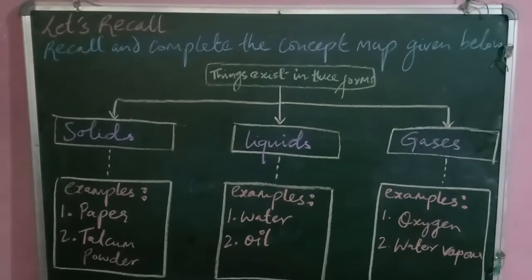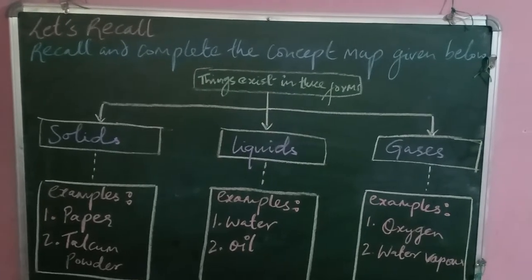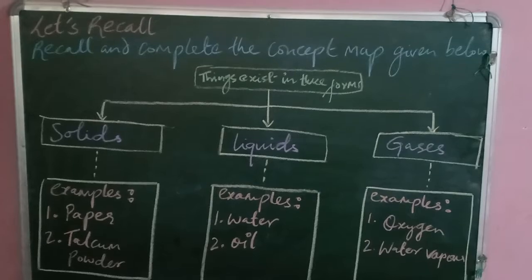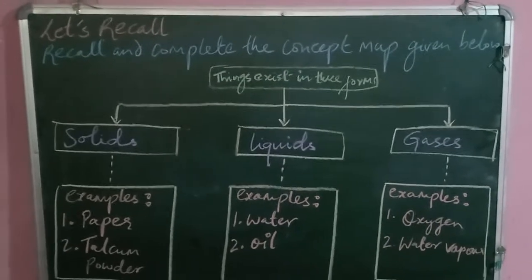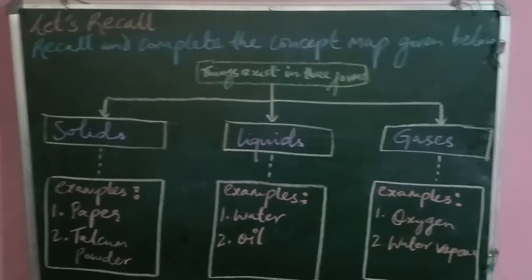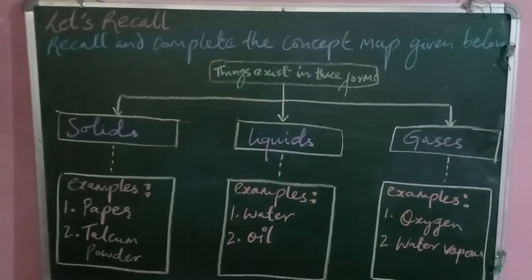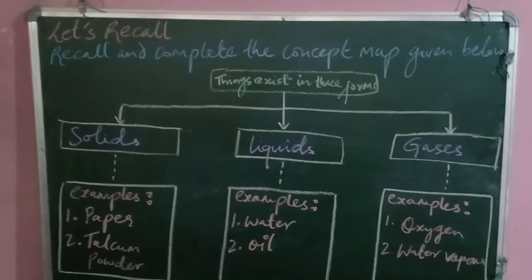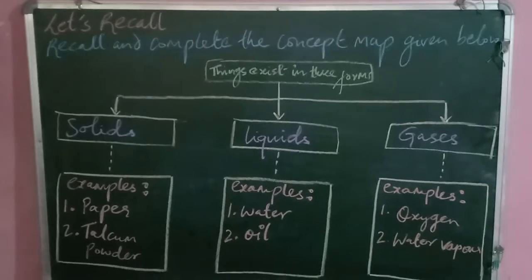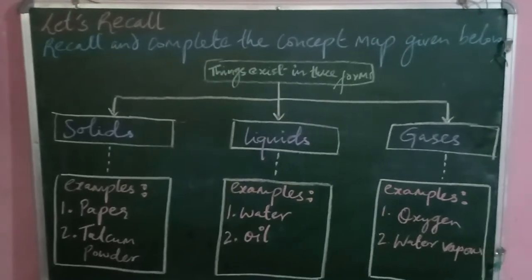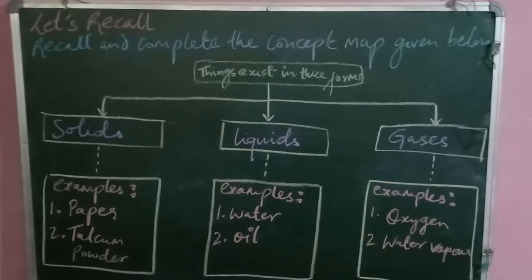Moving on, let's now do some recall questions. Recall and complete the concept map given below. We have to complete all these blank spaces given in your textbook. First, things exist in 3 forms, which is divided into 3: solid, liquid and gases. We have to give an example for each of them.